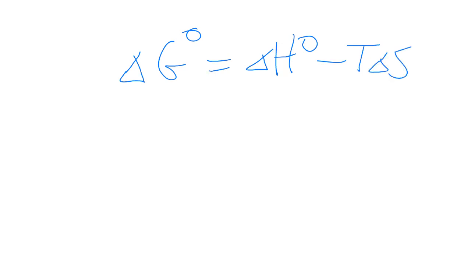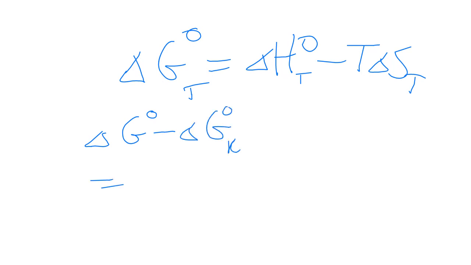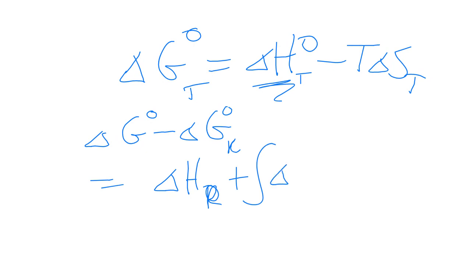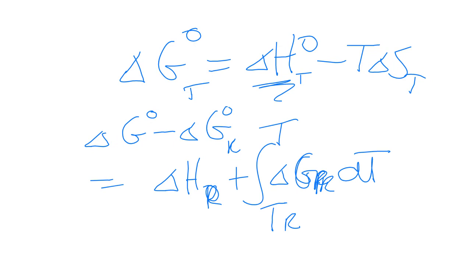And for del H at any temperature, if I now want to calculate the value at any temperature, I have to say that del G minus del G at some reference temperature is equal to del H at the reference temperature plus the integral of del Cp of the reaction dT from my reference temperature to the temperature where I am working at.